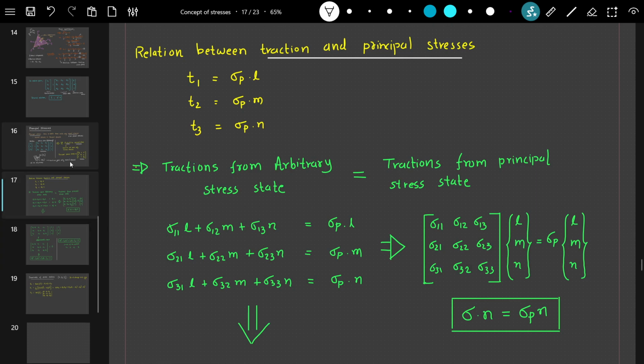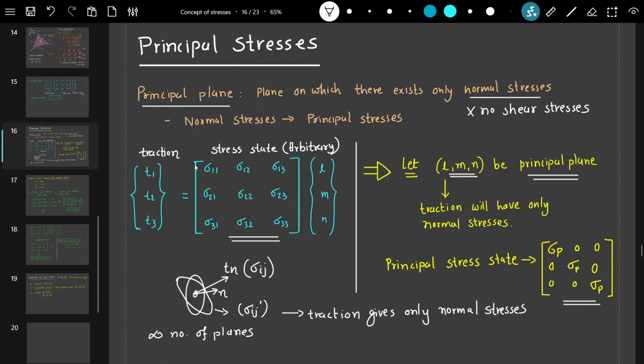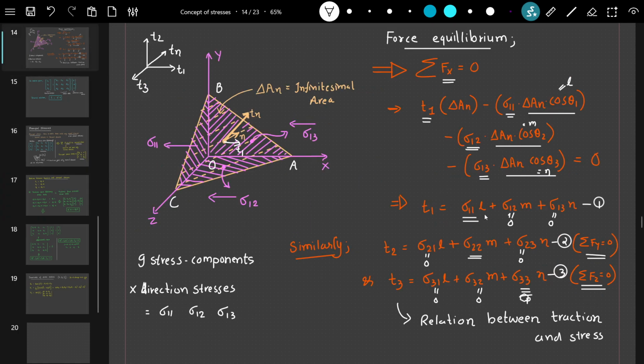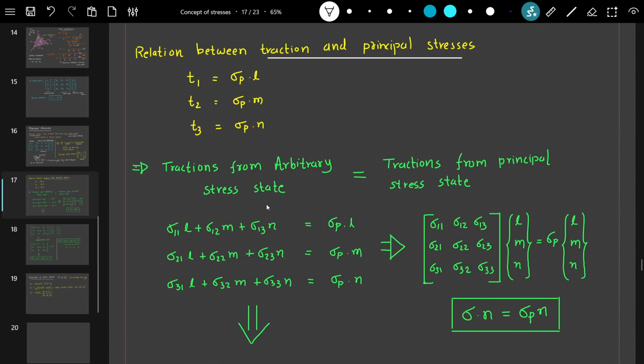In equation form, the right-hand sides of the relation between traction and arbitrary stresses are equal to these principal stress expressions. We are just equating T1, T2, and T3 from arbitrary and principal stresses, so we get these three equations.